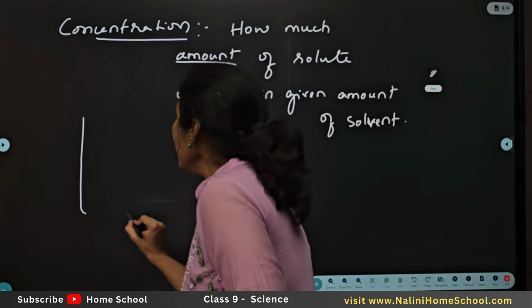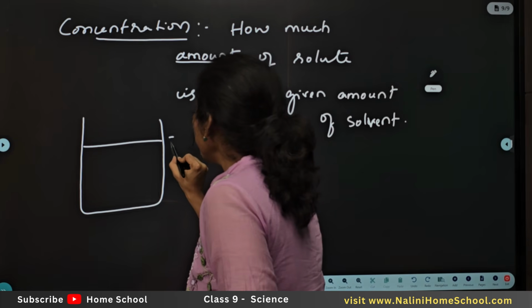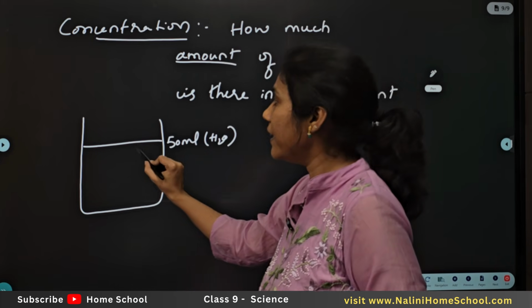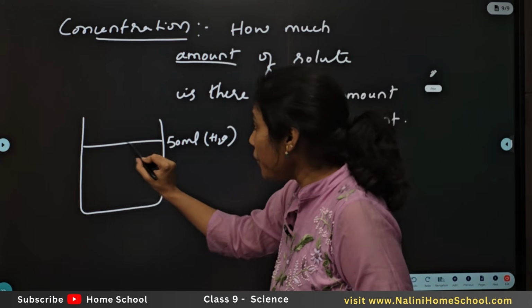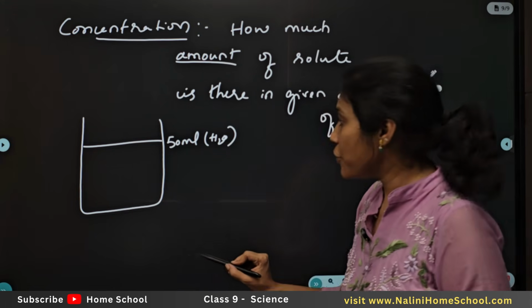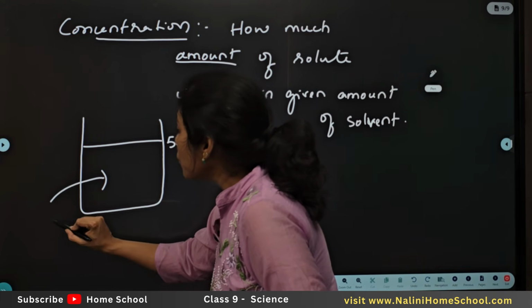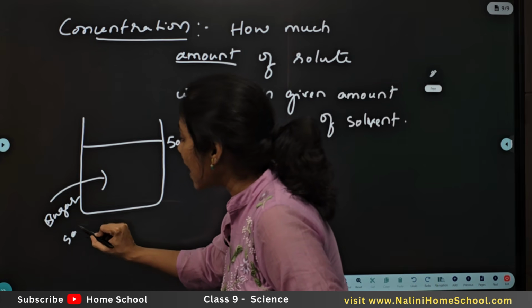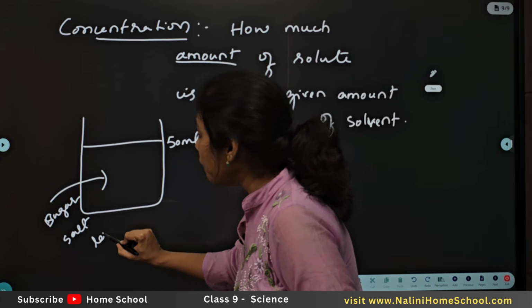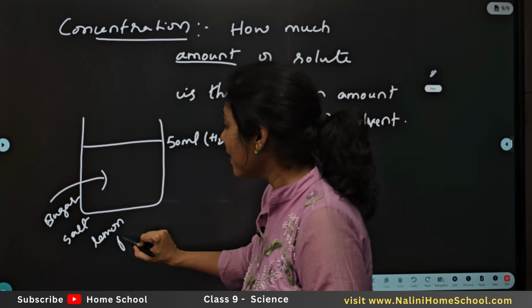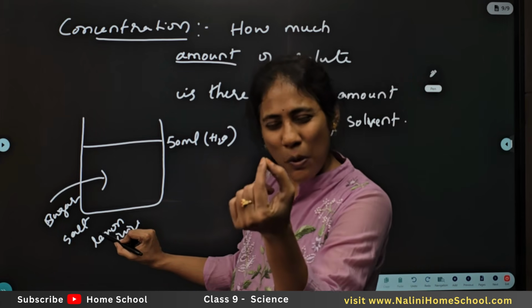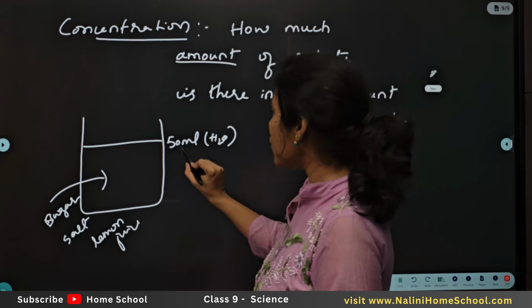Say for example, your lemonade, 50 ml of water is fixed. Your solvent is water, 50 ml. In this 50 ml, how much sugar is there? How much salt is there? How much lemon juice is there? Okay, so all these are solutes. They are there in small amounts. Which is there in larger amount?